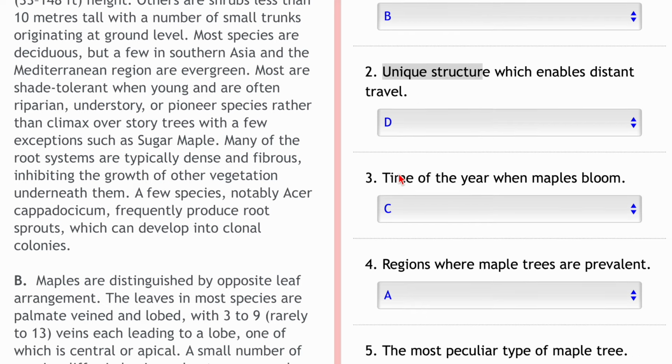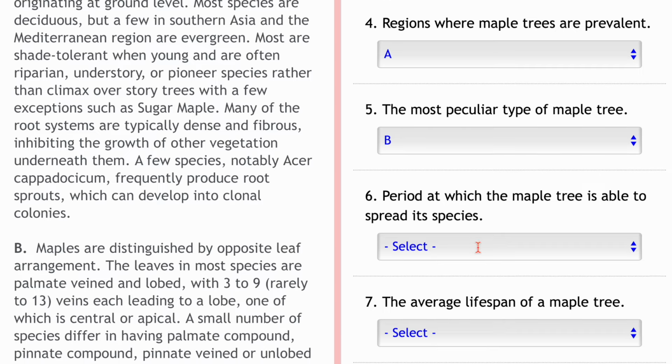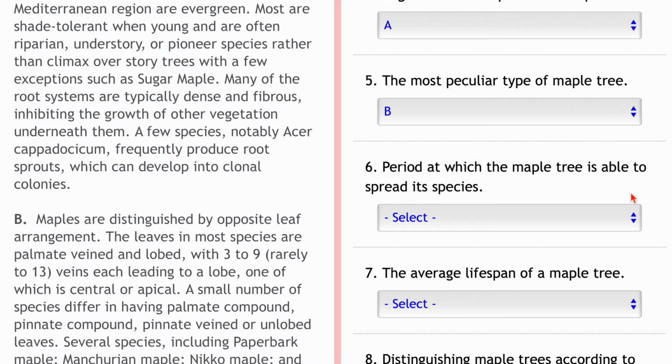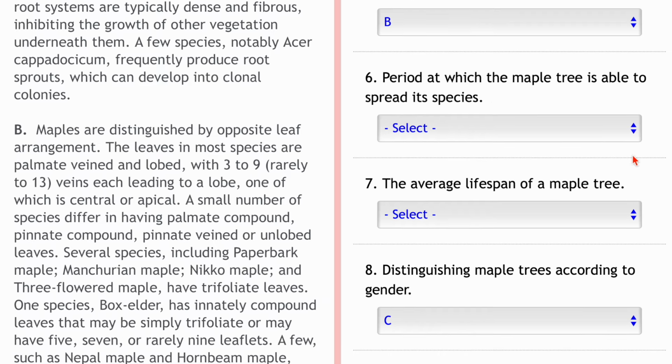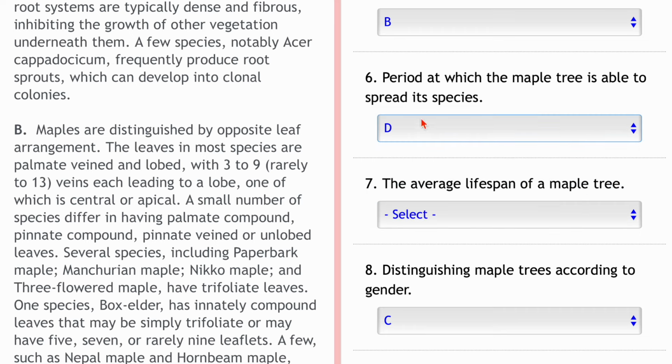And A, B, period at which the maple tree is able to spread its species. So is it D or E? D, right?